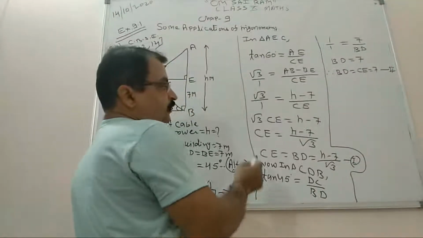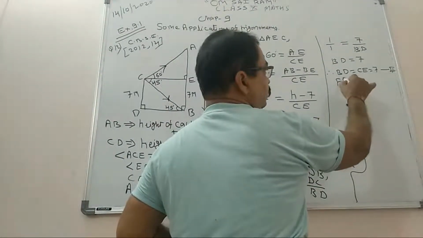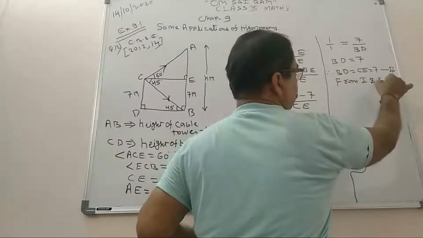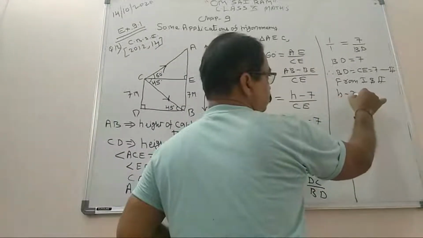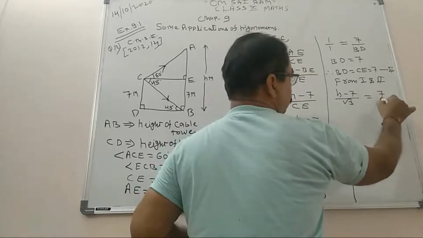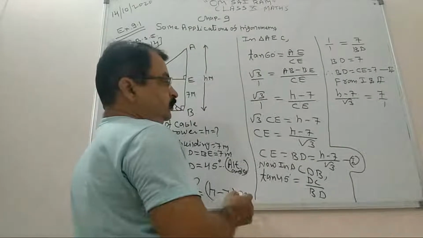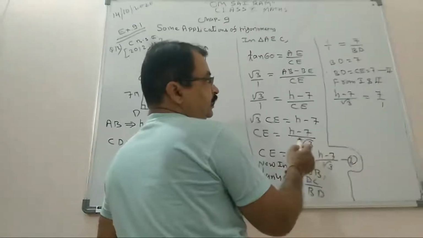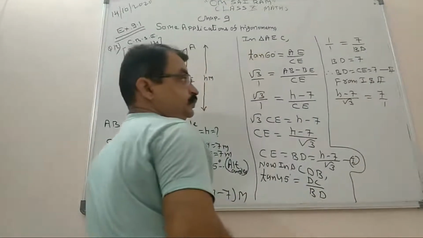So now see, this is the value of CE, this is also the value of CE, so both values will be equal. So from equation 1 and 2, H minus 7 upon root 3 is the CE, but CE you are getting as 7, right?